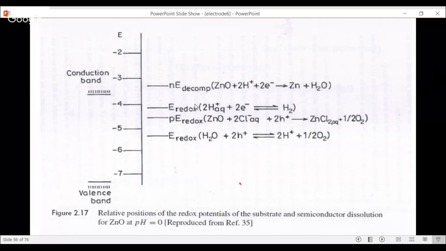The same thing is also true for the hydrogen evolution reaction. If the hydrogen evolution reaction potential is less negative with respect to a decomposition reaction, then the decomposition reaction will be favored. So these are the relative positions of redox potential of substrate and semiconductor dissolution for zinc oxide at pH 0. We have to be very careful in choosing the semiconductor.